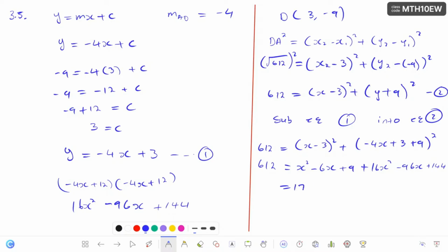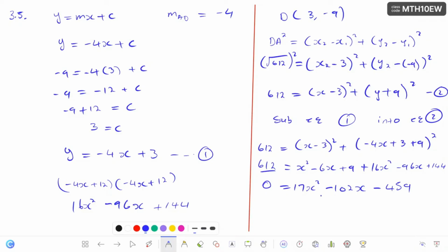This and this is going to be 17x squared. This and this is going to be negative 6 minus 96, which is negative 102x. And then 9 plus 144. Then I'm going to take this number inside, so it's going to be minus 612, which is negative 459.